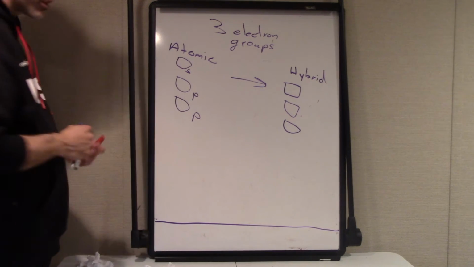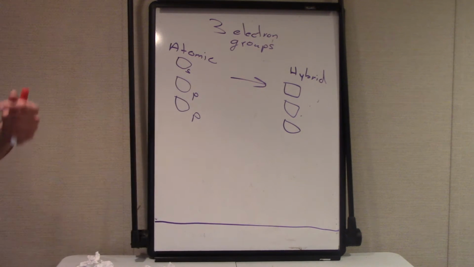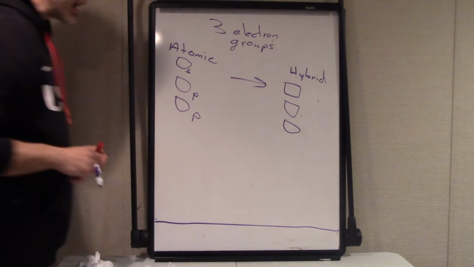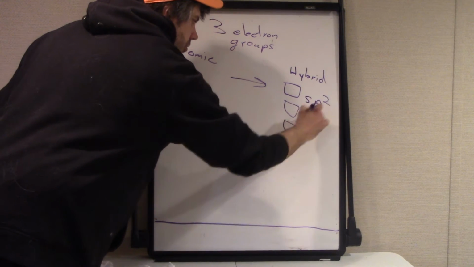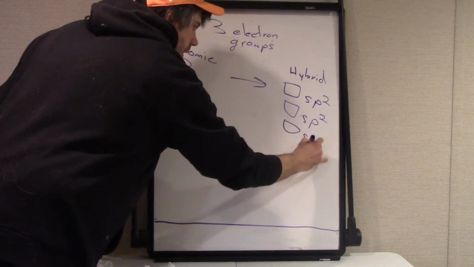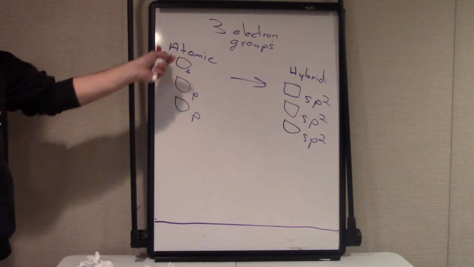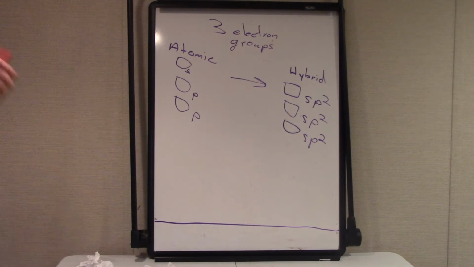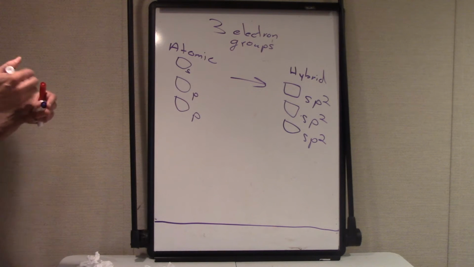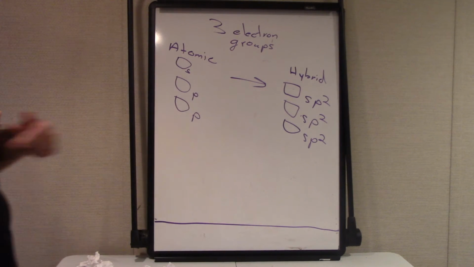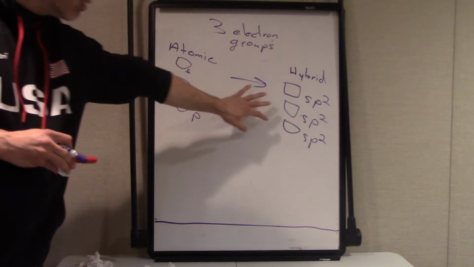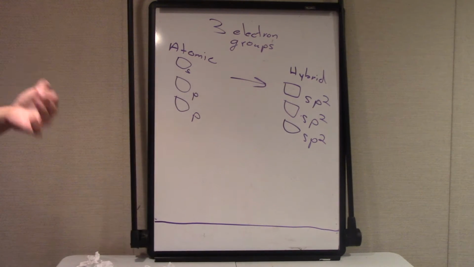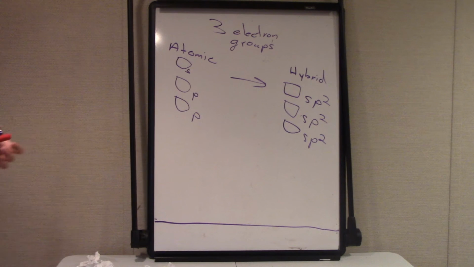I have one in reserve here. Previously, in the two electron groups, you saw I had two unhybridized p's. What are the hybrid orbitals going to look like? We're going to get sp2 hybrid orbitals based upon the 1 s and the 2 p atomic orbitals that we had to use for this. Three electron groups, sp2 hybridization. These are all going to be situated in that trigonal planar electron pair geometry.